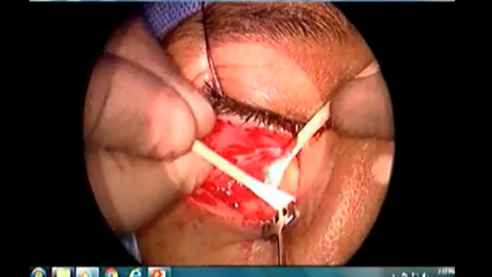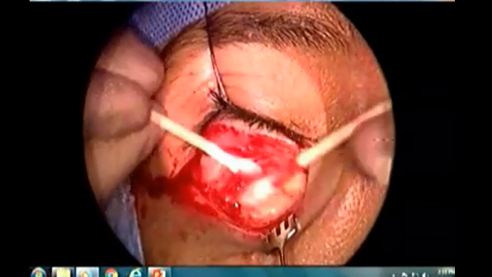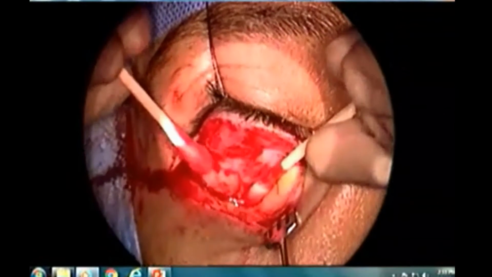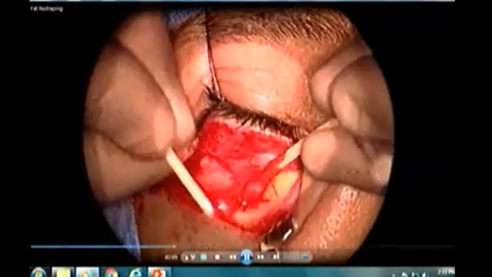Then I use a Q-tip to dissect between the orbicularis and the orbital septum. I don't use cutting because really you don't need to. If you are in the right plane, use a Q-tip, and it will dissect all the way to the orbital rim.